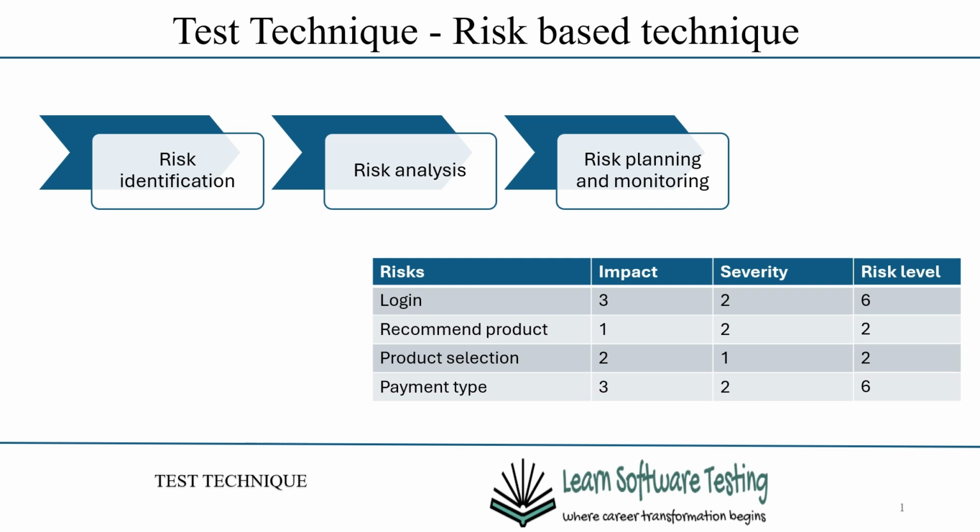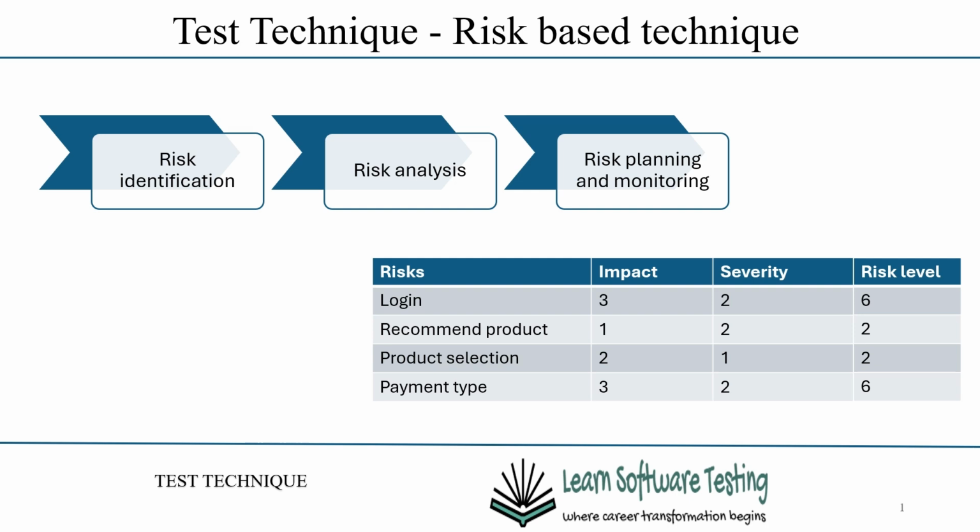The way this has been worked out, the lower the number, the lower the risk. The impact and severity are numbers from 1 to 3. The higher the number, the higher the risk.